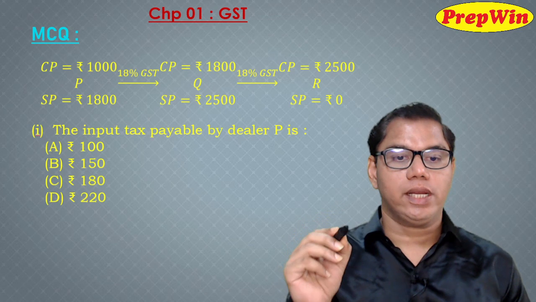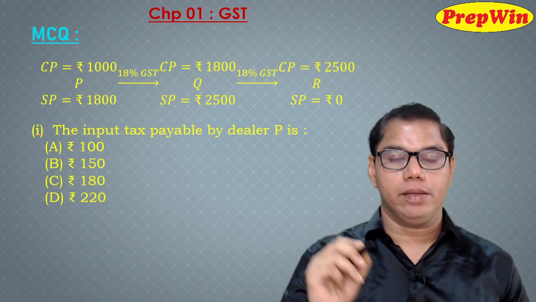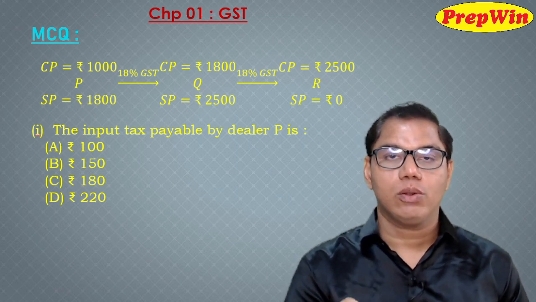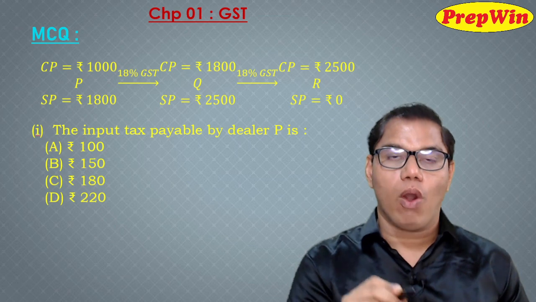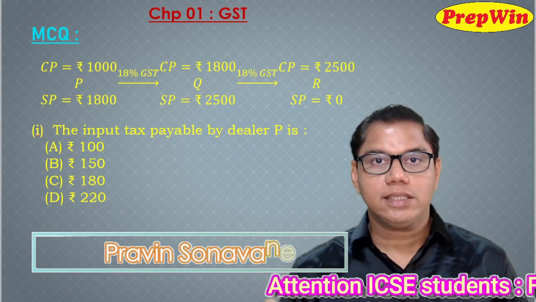So sub question number 1. The input tax payable by dealer P. Remember that input tax is always calculated on the cost price and the output tax is calculated on the sale price.